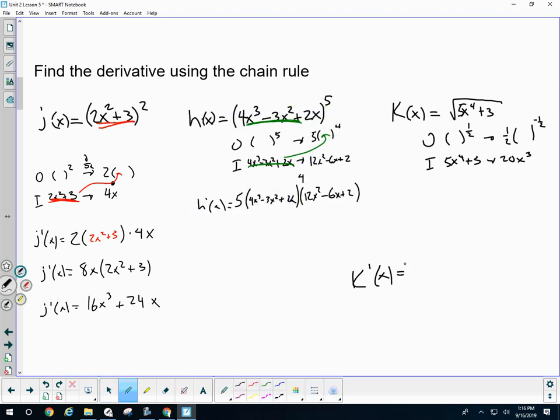So 1/2 stuff to the negative 1/2 times 20x cubed. What is the stuff? 5x to the fourth plus 3.